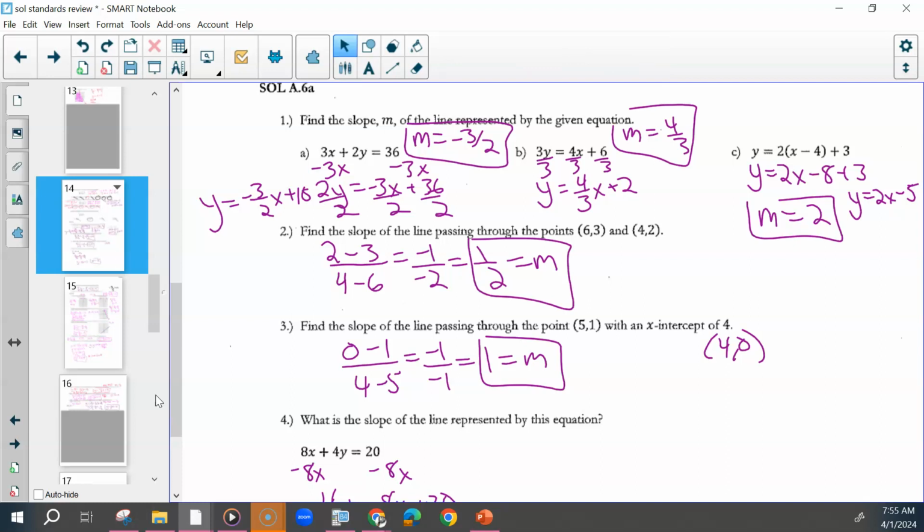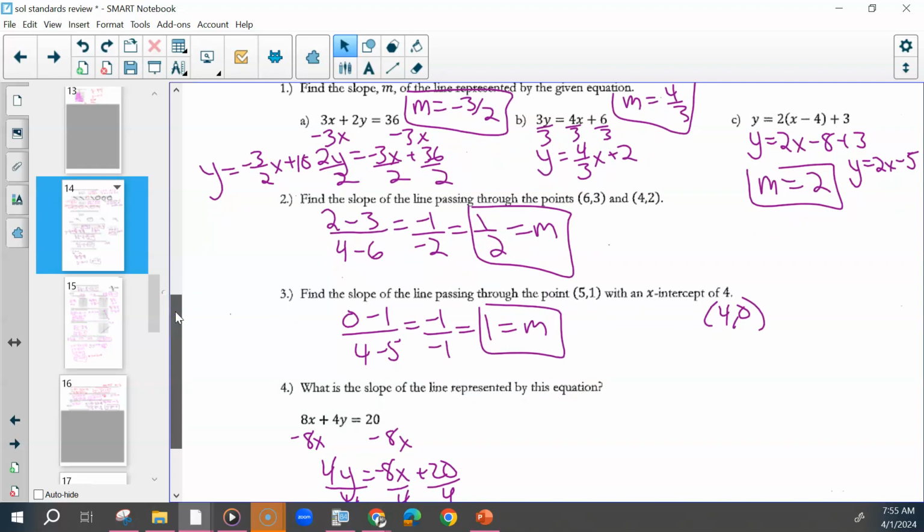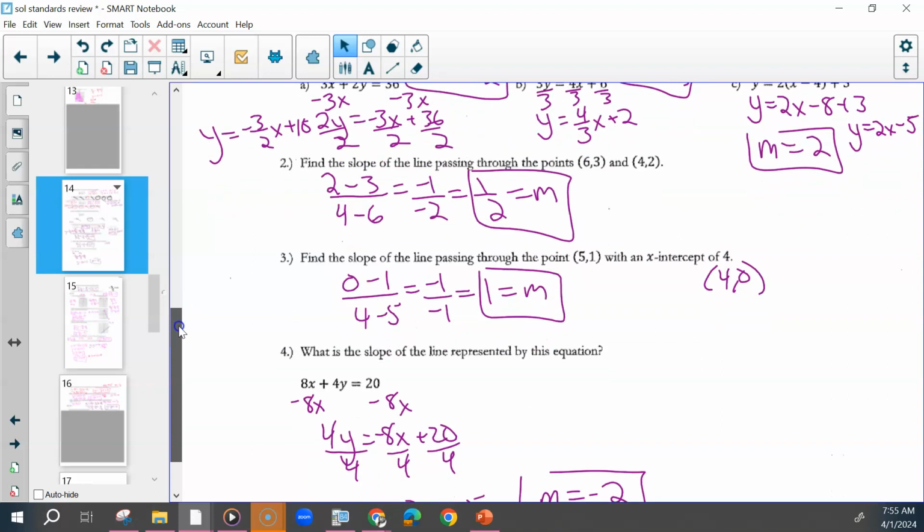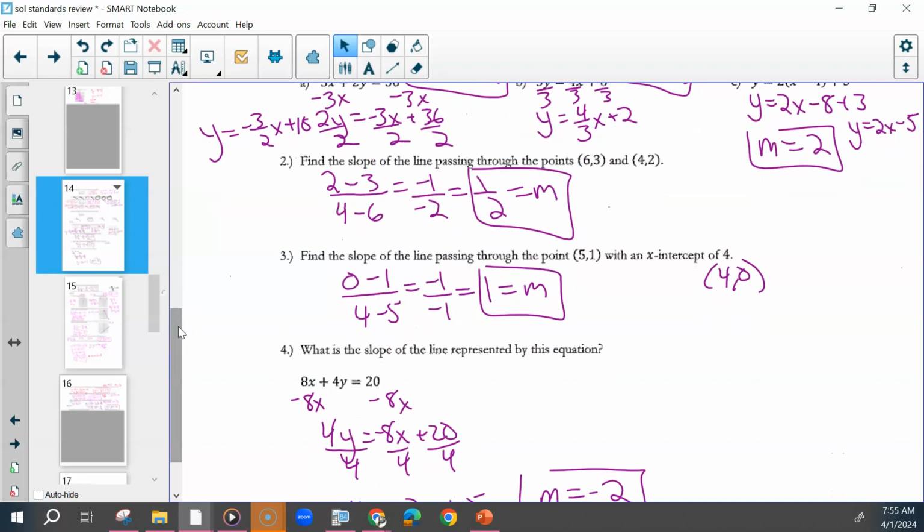So for number 1, the slope of part A was negative 3/2. Part B was 4/3. C was 2. Number 2, the slope was 1/2. Number 3, the slope was 1. Or the slope was negative 2.